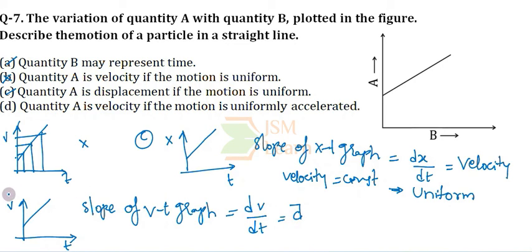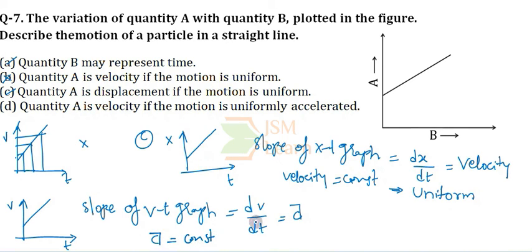As this graph obtained here is a straight line, and the straight line has a constant slope, the slope is constant and this slope represents acceleration. Then we say that the acceleration is constant.